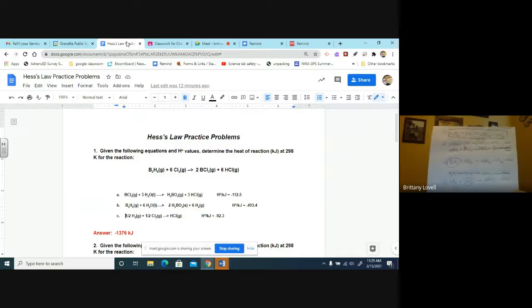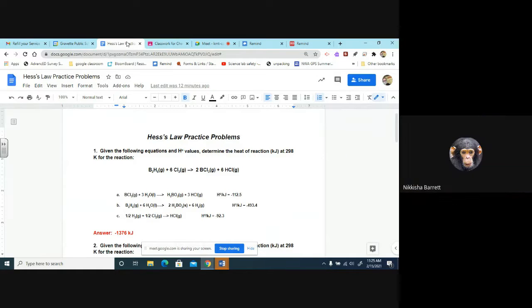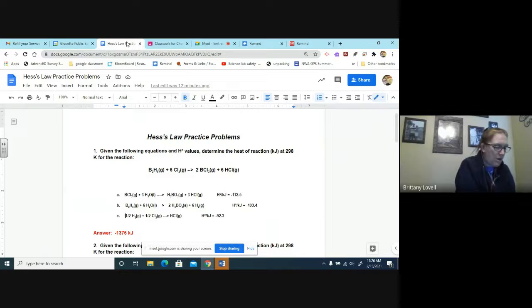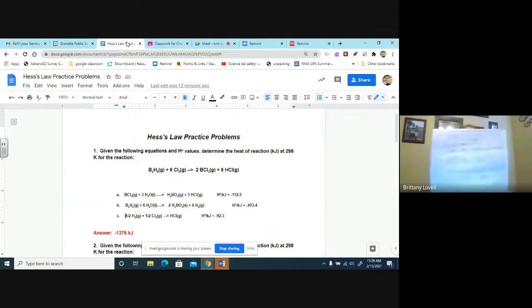You have 12 HCl's on the product side, but you have 6 HCl's on the reactant side. So you could cancel out 6 of the HCl's on the product side, and that will cancel out all of the HCl's on the reactant side.